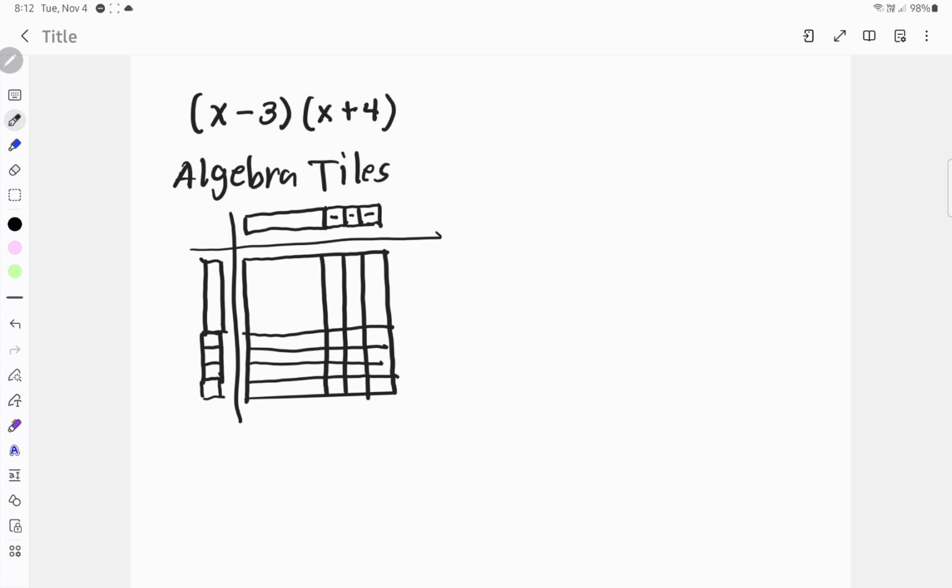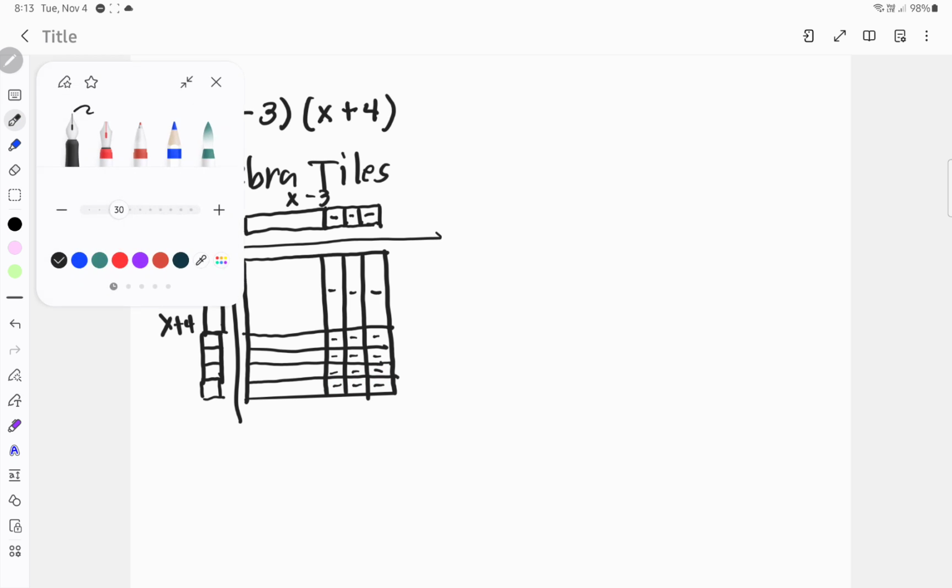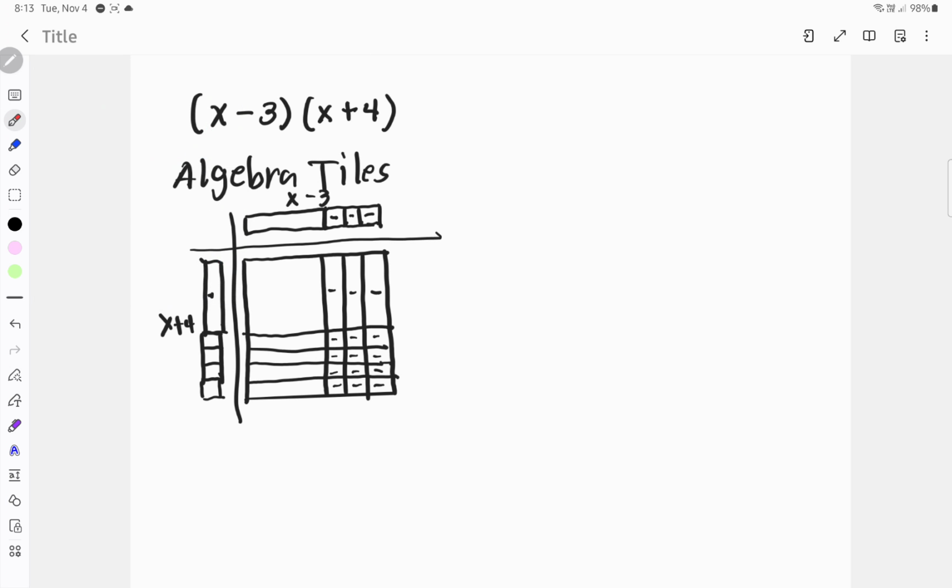However, we need to work this out. Remember that this is x minus 3 and this is x plus 4. Now, positive x multiplied by a negative would be negative. And this is also positive, so this would be negative. So all the small squares would be negative. Now, there is an analysis that you need to look at. That's why I don't use another color, because this is the analysis. If there are pairings of a positive and a negative, you need to remove them.